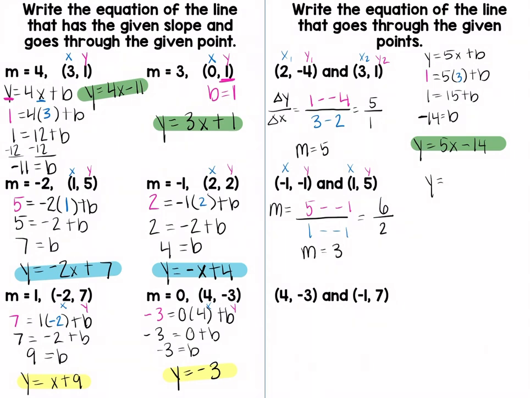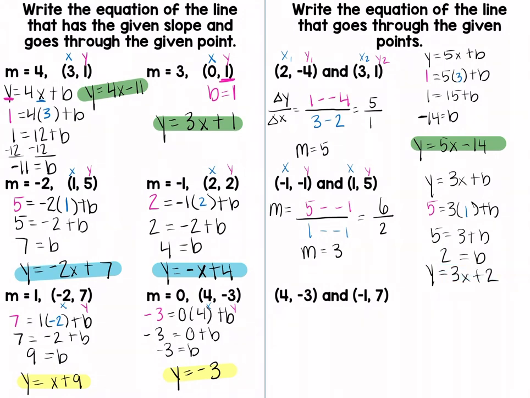So your y equals 3x plus b. So then you pick one of the ordered pairs. I'm going to pick 1, 5. So 5 is equal to 3 times 1 plus b. So 5 is equal to 3 plus b, so b has to be 2. So then y is equal to 3x plus 2. So there is your equation for that one.